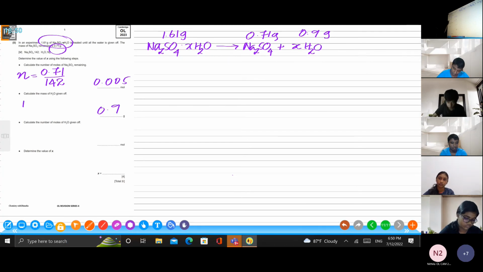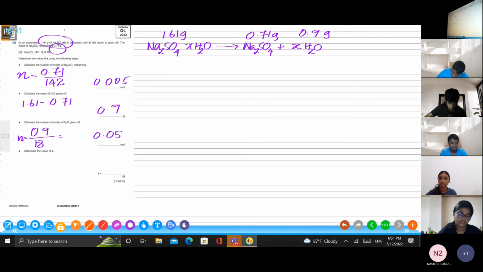How did you calculate? 1.61 minus 0.71, either using common sense or using the conservation of mass, right? So calculate the moles of water, 0.9 divided by 18, n equals m over M. Anyway, I became fast again, no? 0.05. Right, so this is 0.05.